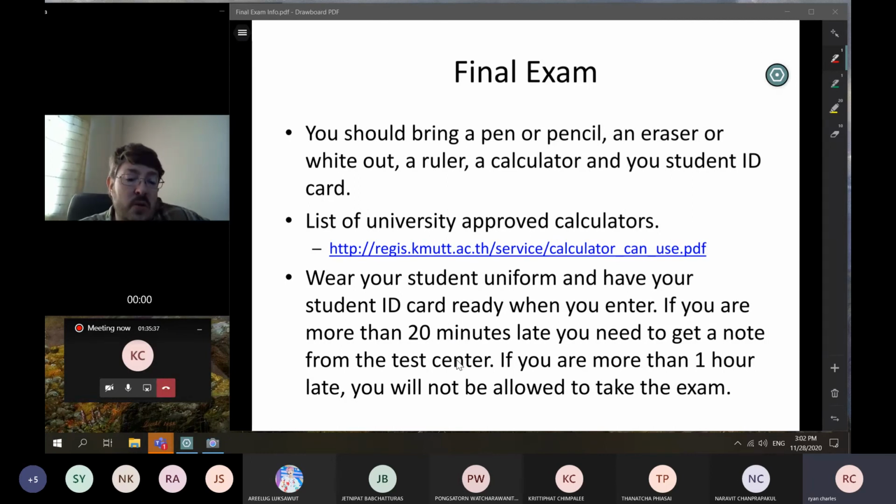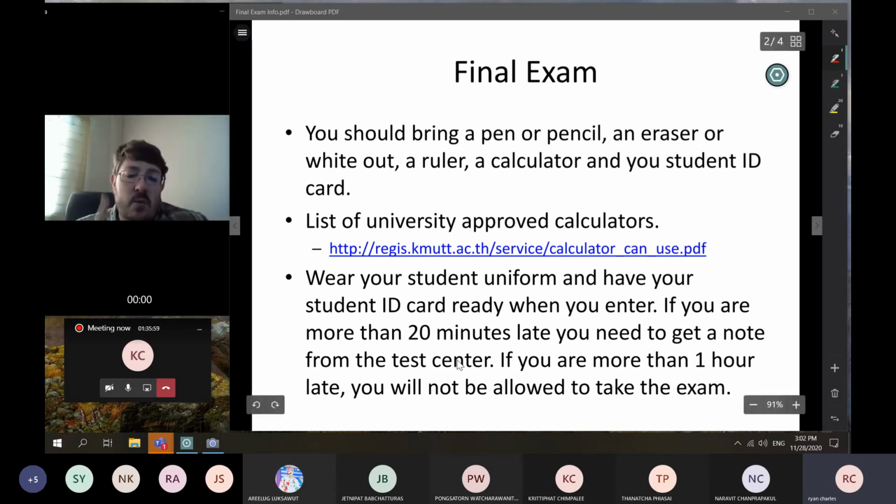So you can't be more than 20 minutes late, all right? After 1 hour, you're not allowed to take the test, right? So if you get stuck in traffic and you show up 40 minutes late, you have to get a note and hope you get there before an hour, right?